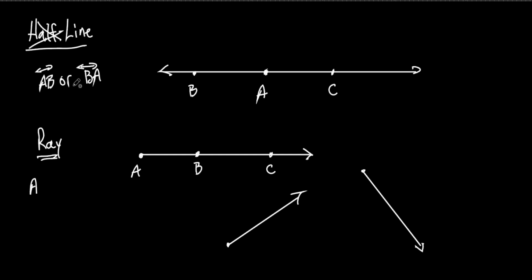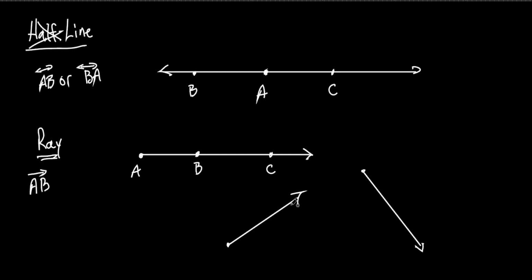So with lines, you could go back and forth like this. But with a ray, the beginning letter, the first letter, absolutely matters. Wherever it starts, right here at A, that's going to be our first letter. But I could call it ray AB. And here's the symbol for a ray. It's just an arrow in one direction. We always put it to the right.